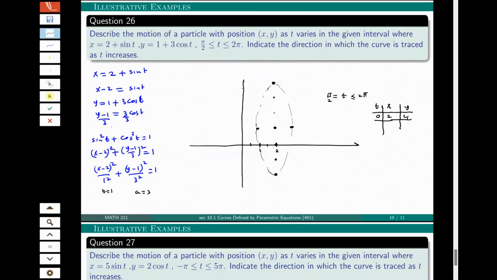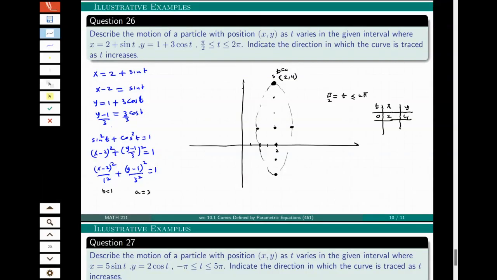This is x is 1, 2, and that will be 1, 2, 3, 4, starting from here. So that is the starting point where t is 0. You will get x equal to 2 and y equal to 4.